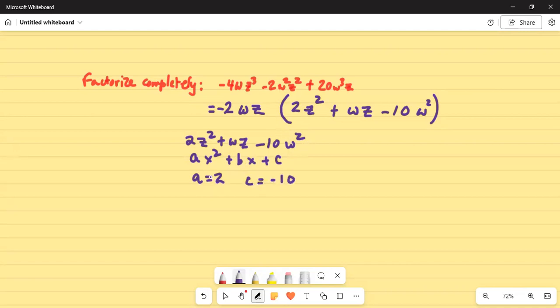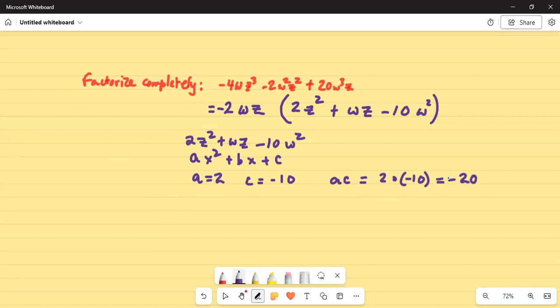Let's forget about the W squared part, just the constant of minus 10. Therefore, AC is equal to 2 multiplied by minus 10, which is minus 20.